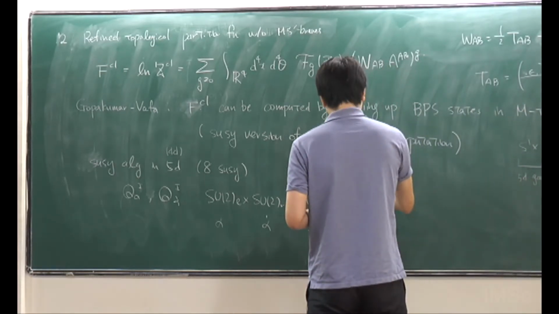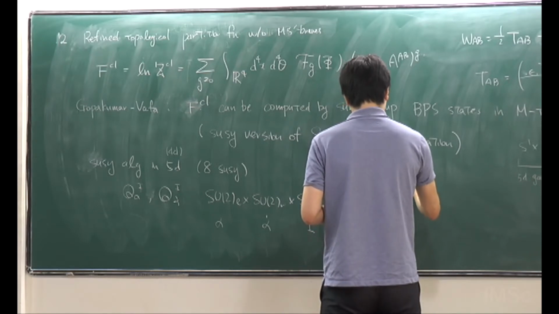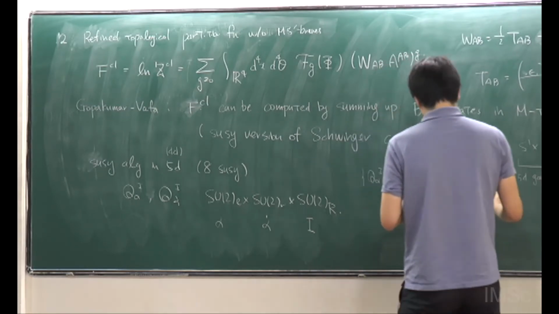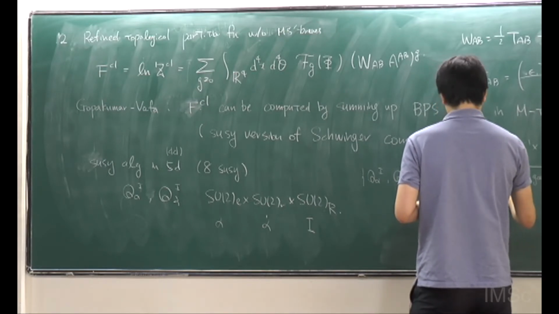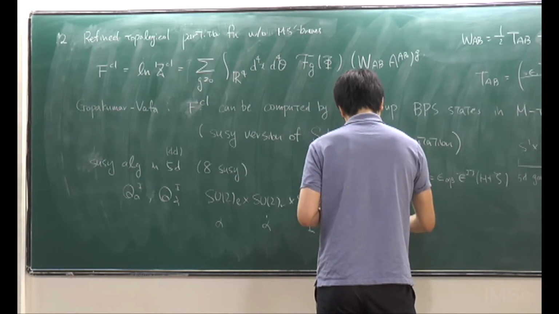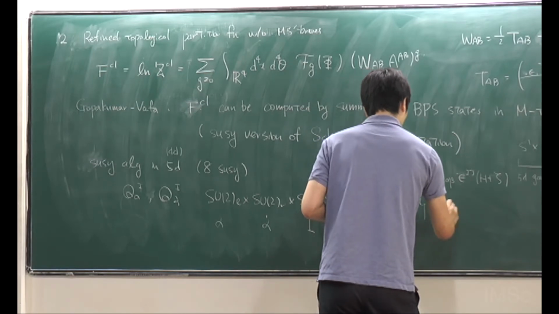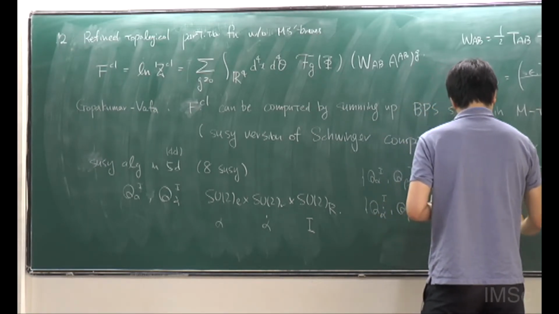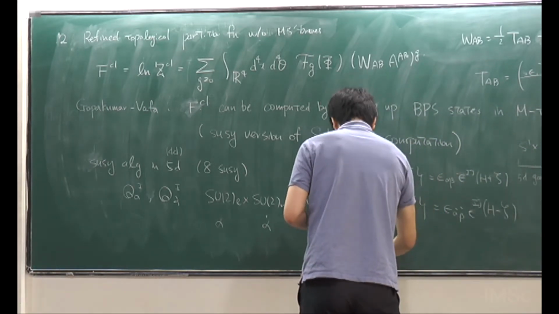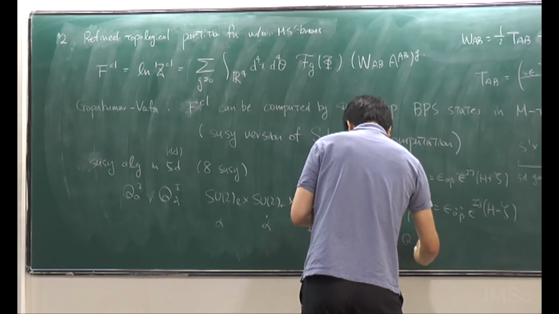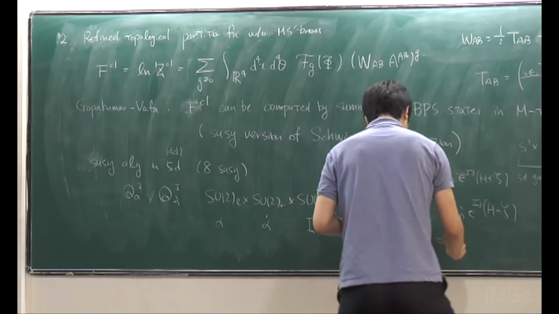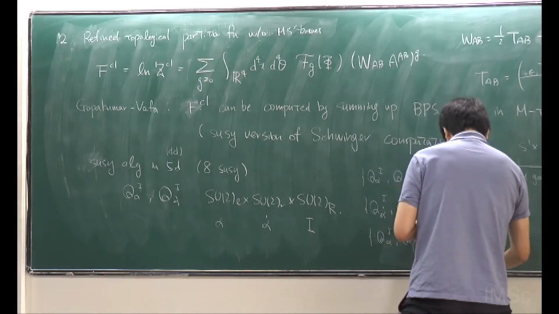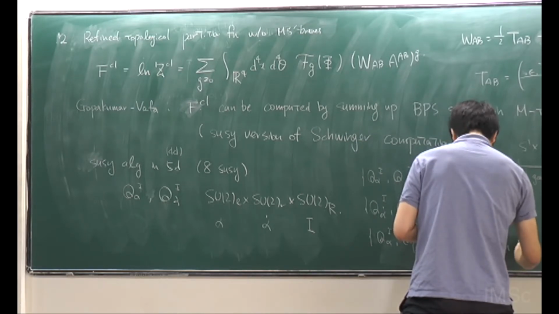And the supersymmetric algebra is as follows: {Q_alpha^I, Q_beta^J} = delta_alpha beta epsilon^ij H plus, {Q_alpha-dot^I, Q_beta-dot^J} = epsilon_alpha-dot beta-dot epsilon^ij H minus, and {Q_alpha^I, Q_beta-dot^J} = minus i gamma^mu_alpha beta-dot P_mu epsilon^ij.